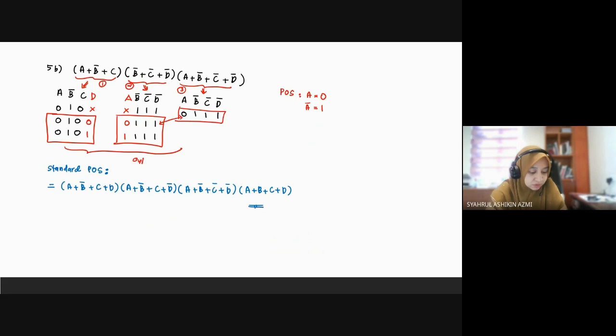Okay, so we can write our standard POS form: 0100, which is this one here, A plus B bar plus C plus D; 0101, so this one here, A plus B bar plus C plus D bar. Okay, and then we have 0100, which is this one here, so A plus B bar plus C bar plus D bar. And finally, we have this one here, A plus B plus C plus D.